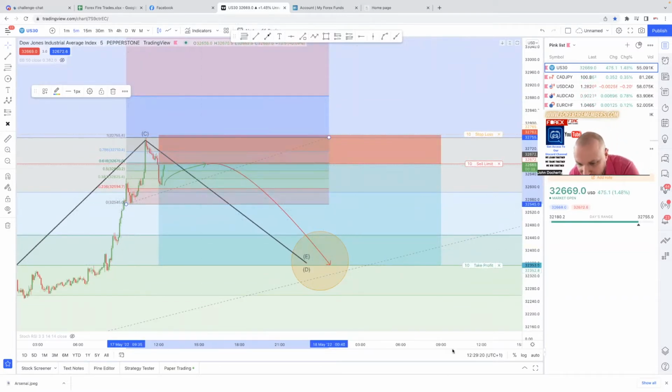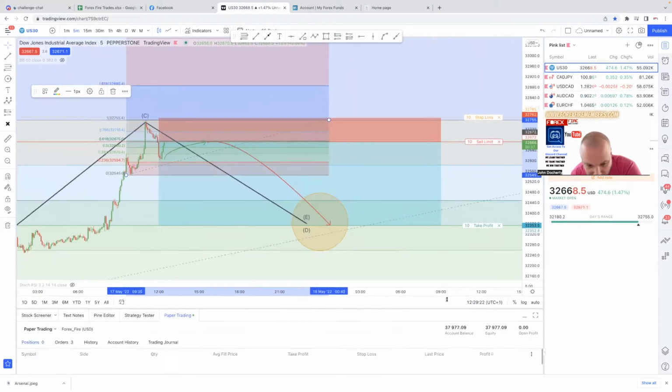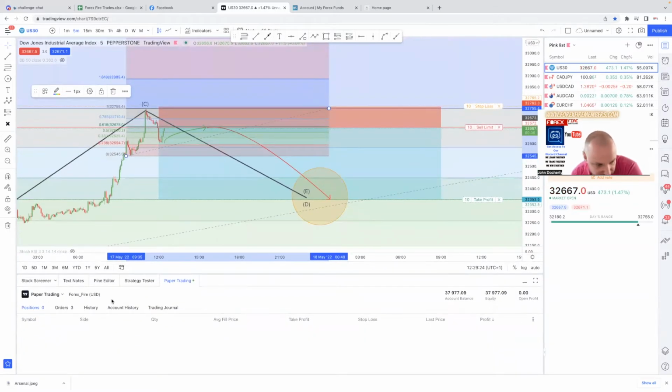So this hasn't quite ticked in, I don't think, just yet. This is my paper trading account. It started at 10K a few weeks ago. I've massively grown it using the US30 trades. So this is what I'm using to hone in on my skills on the US30. The lot sizes are not huge.